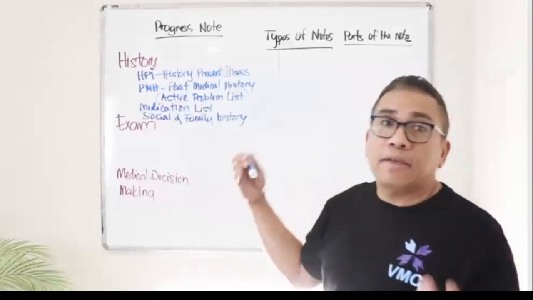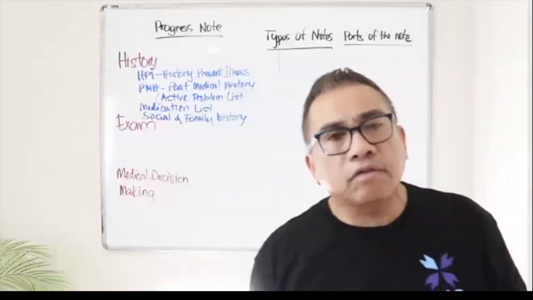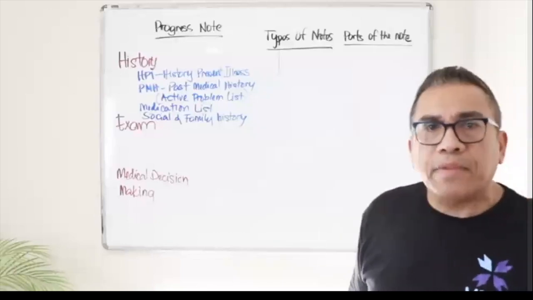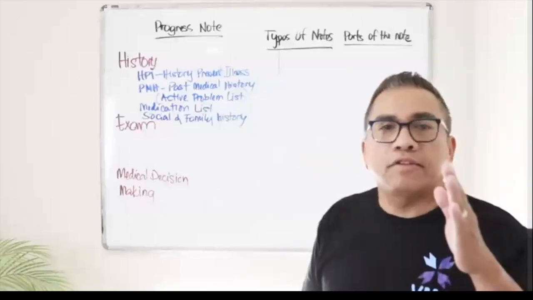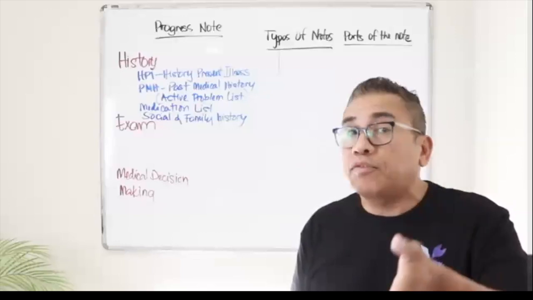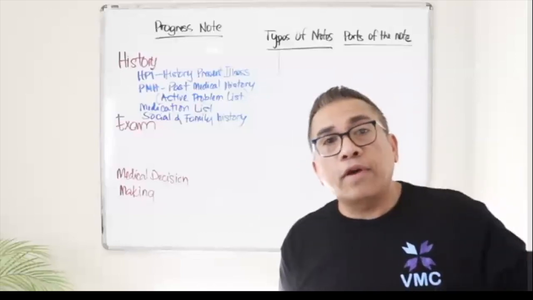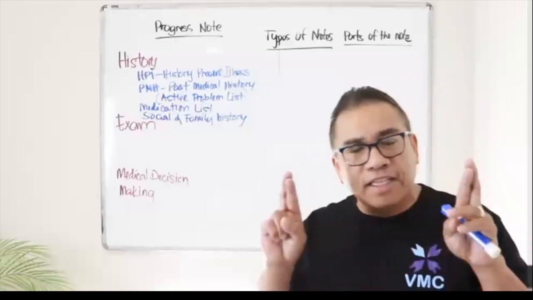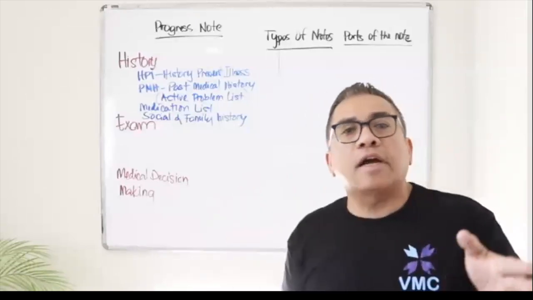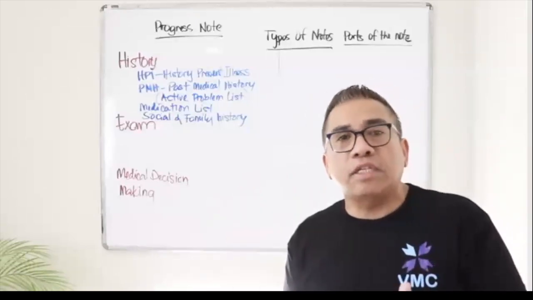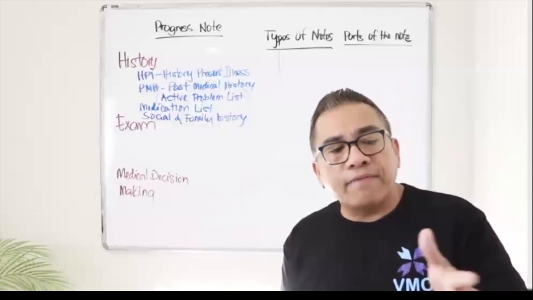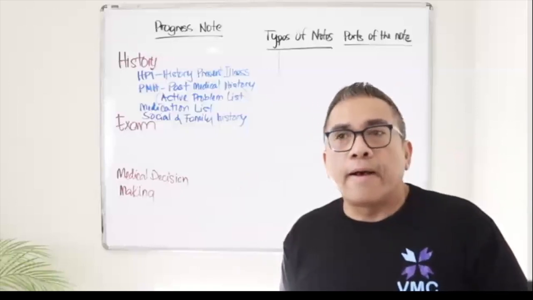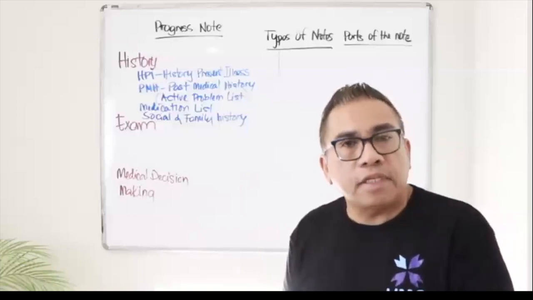And why is it important? It is important because the doctor needs to know if this particular patient is predisposed to a specific condition. If you have a family history of cancer, chances are, and I'm not saying this to scare you, you might have inherited a gene that predisposes you to that kind of disease as well.